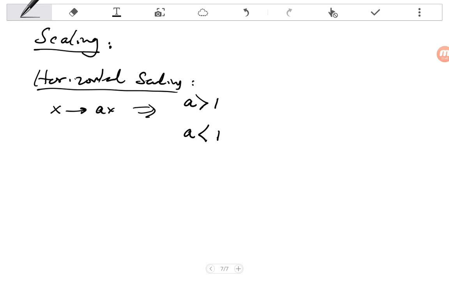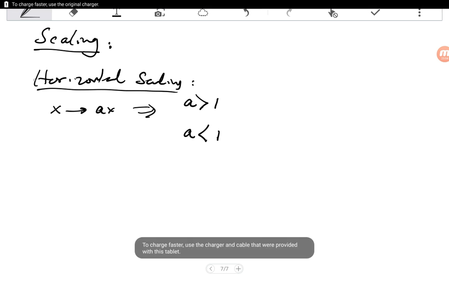If you remember that in horizontal shift, the graphical transformation was in the opposite direction of the number a. Do you remember? Also, in this case, we will have a similar situation.